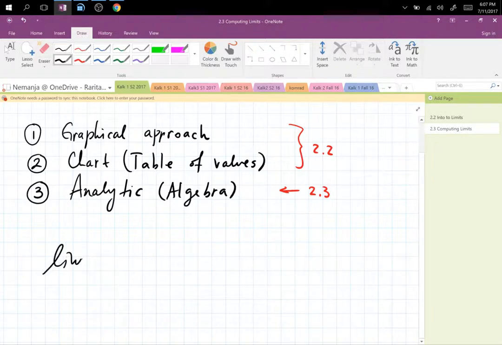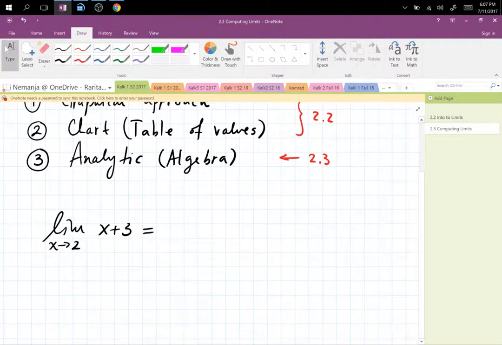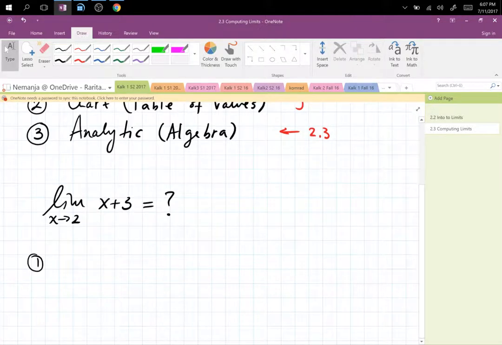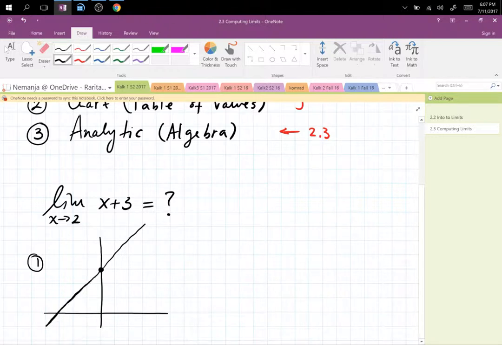Here's the first very simple example done all three ways, obviously, and then we'll see what else we can do. So say you have limit of x plus 3 as x goes to 2. So that's the question. We can solve this using the first method by graphing it. So this is y-intercept is 3. We have a 45-degree line.